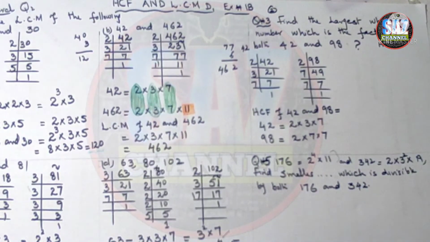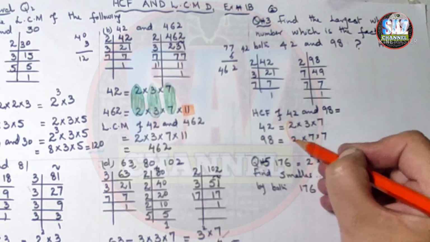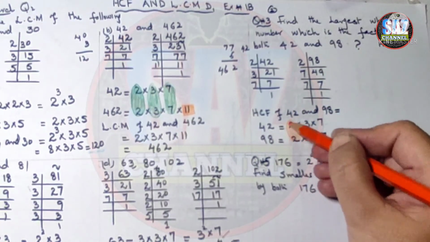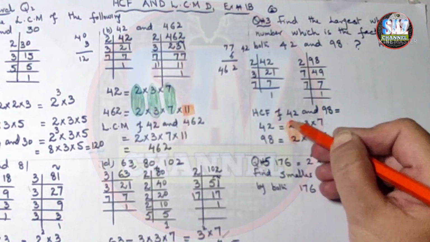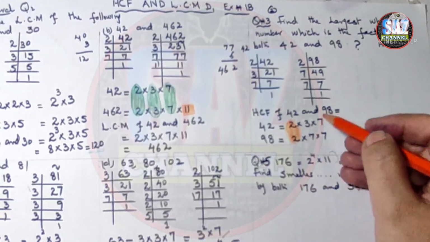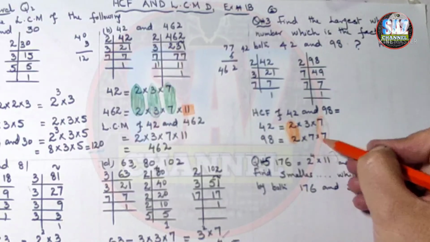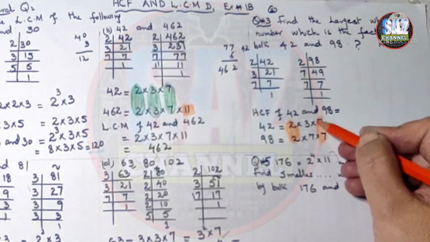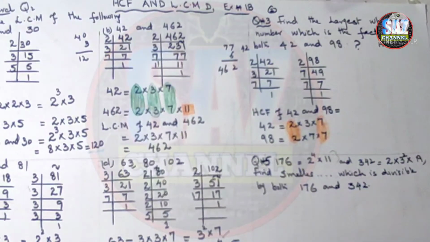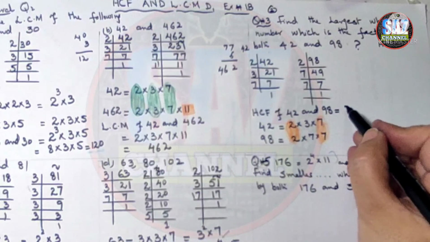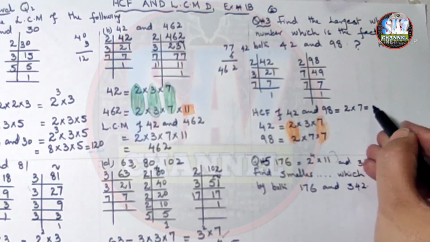Highest common factor: 2 is common over here, and which other factor? 7. So 2 times 7, which is equal to 14.